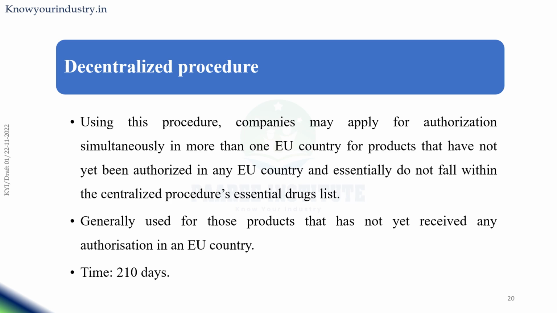Based on the assessment report prepared by the reference member state and any comments made by the concerned member states, the marketing authorization should be granted in accordance with the decision taken by the reference member state and concerned member states in this decentralized procedure. It is generally used for products that have not yet received any authorization in any EU country.